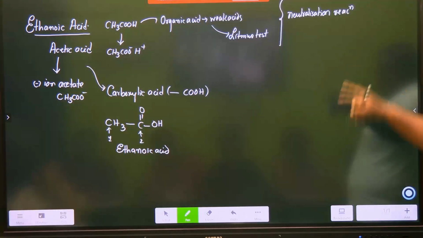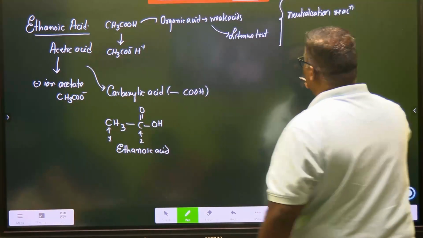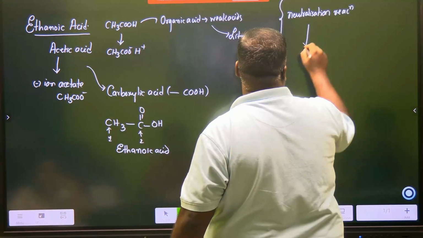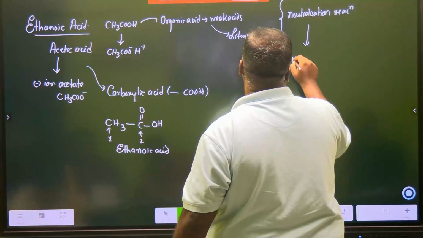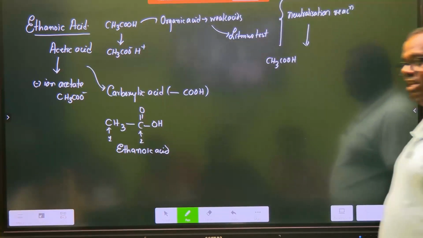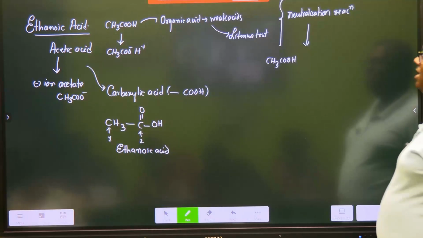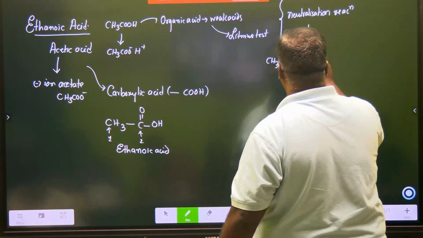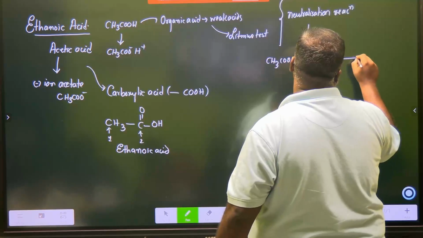So let's see this case also. Generally we always do HCl plus NaOH, but this time we will be using CH3COOH. Why are you using this acid? Because sir, the topic is about this acid only. So CH3COOH will now react with, what, beta? Sodium hydroxide.